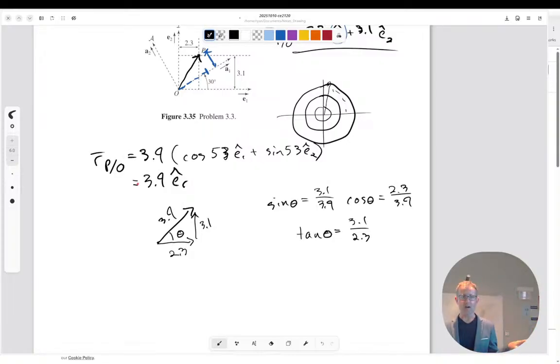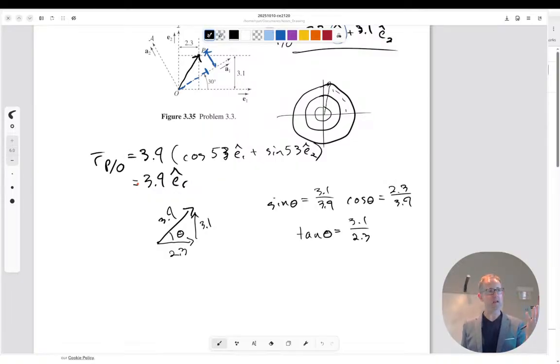3.9 ER. There's some unit vector that is a radial vector. That's your position. That ER vector is different. If we change the angle, it might change, but it's always pointing at that point. And that is the definition, at least for position, of a polar coordinate position. It only ever has one component.